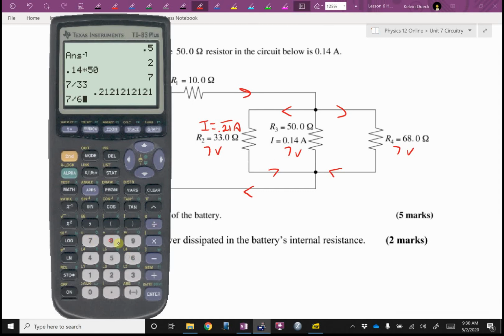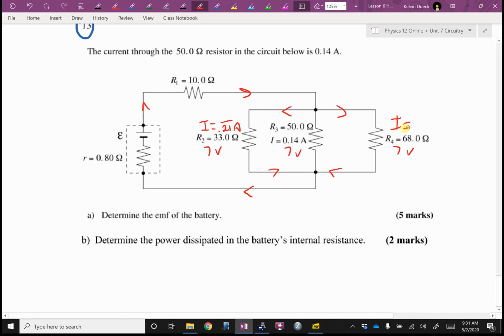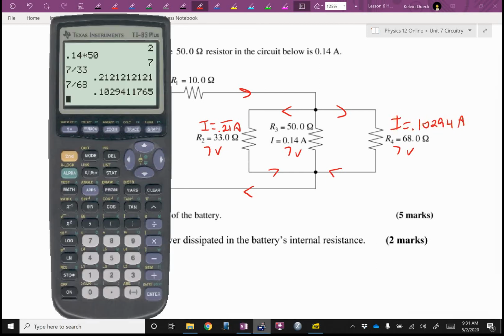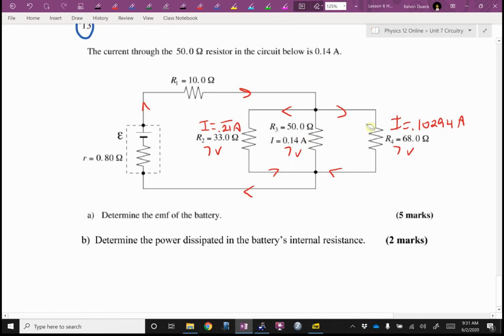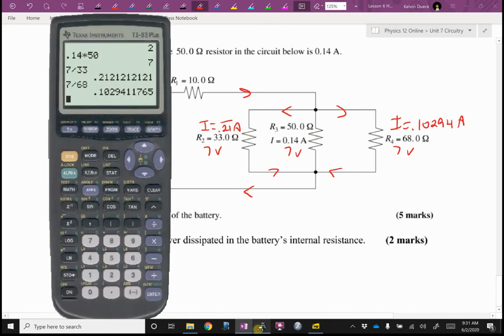7 divided by 68, that's 0.10294 amps. So that plus the 0.14 amps should give me total current.